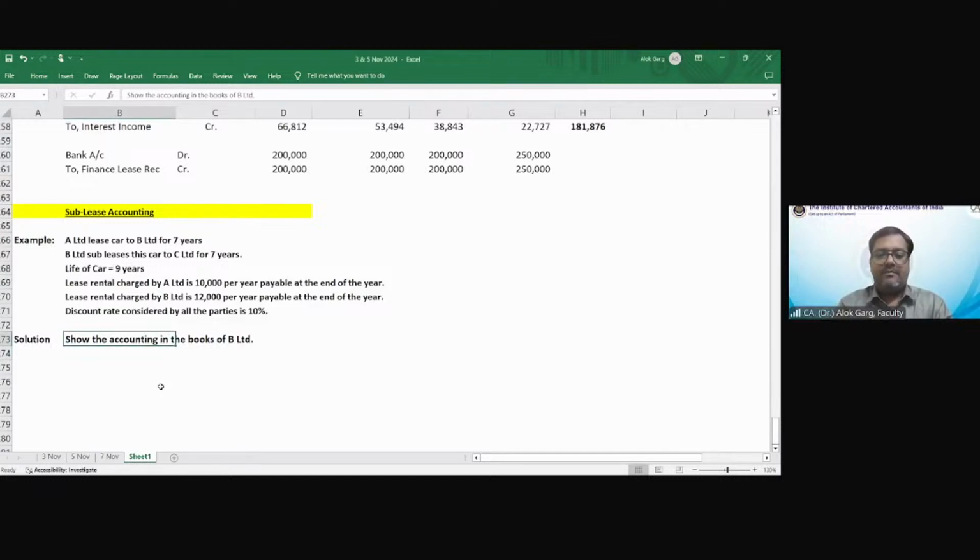Just in this contract, A Limited is the primary lessor. B Limited is the primary or head lessee and intermediate lessor. C Limited is the ultimate lessee.